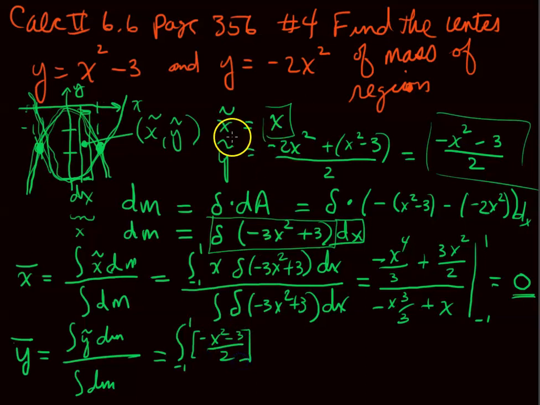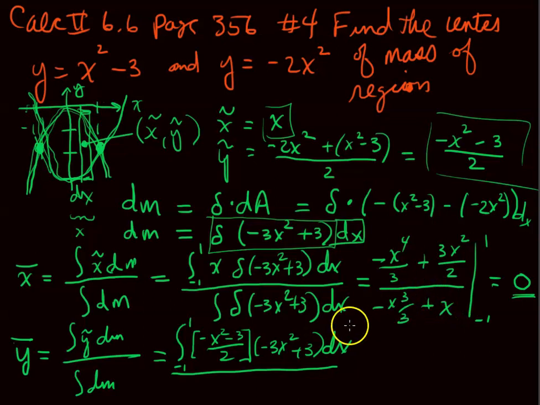That is times the dm, which is the negative 3x squared plus 3 dx over what we found here, which I think eventually was 4/3. Because we already found that before.